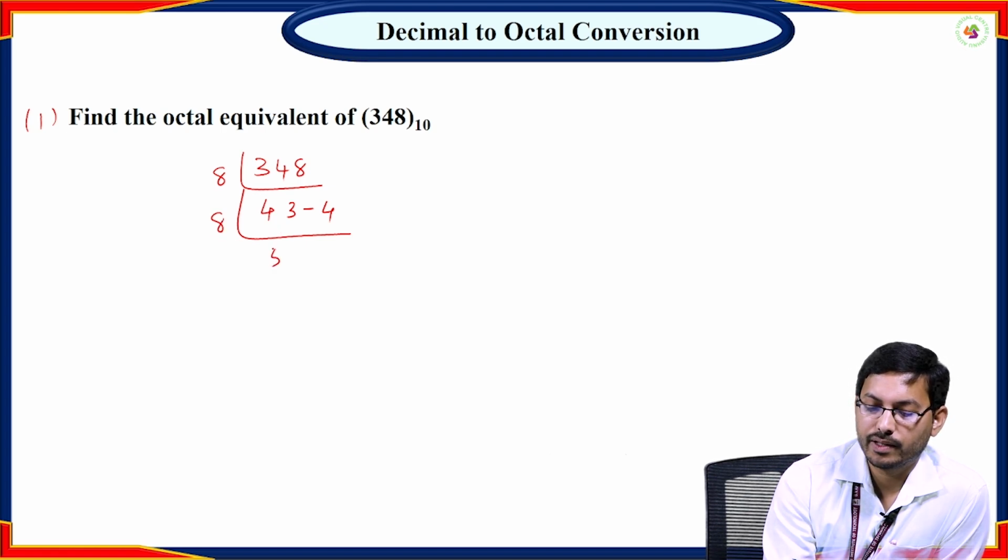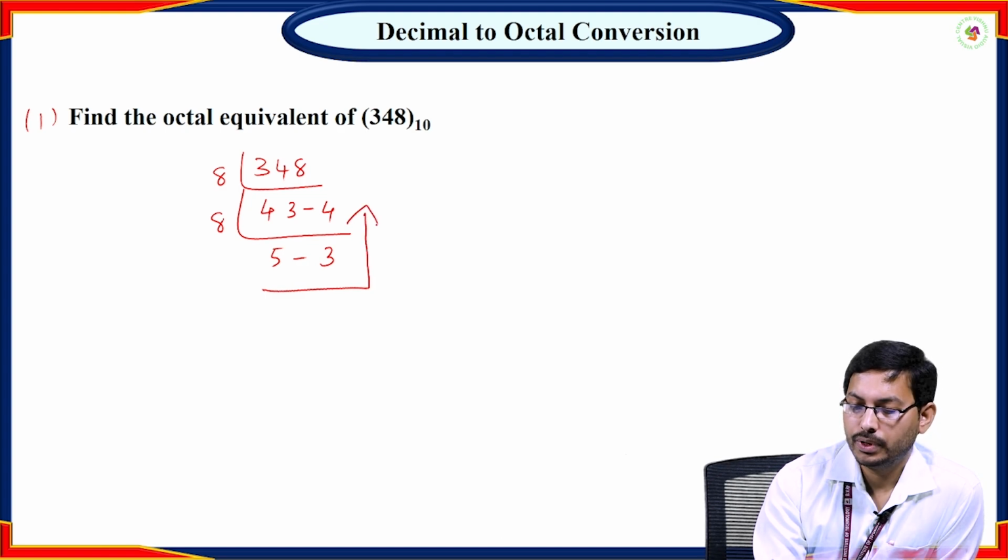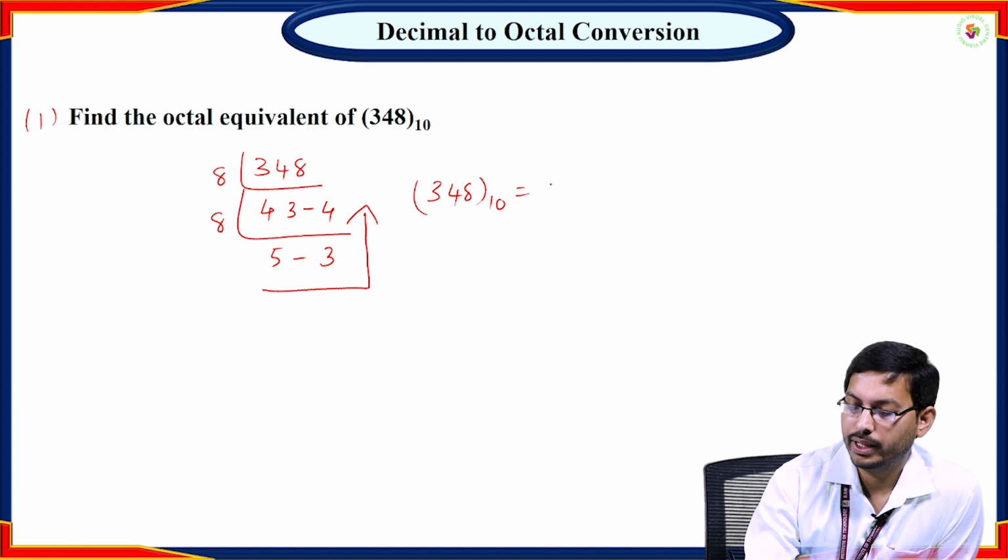So 8 5s are 40 and the remainder is 3. We can't divide 5 further. So finally take these values from bottom to top. To convert the decimal number 348 into octal, we get the value 534 base 8.